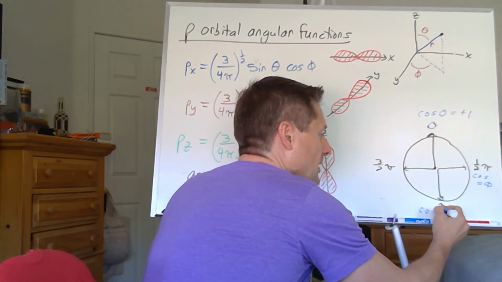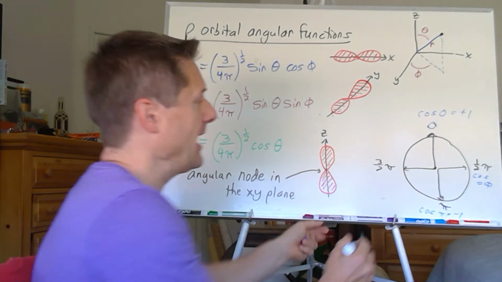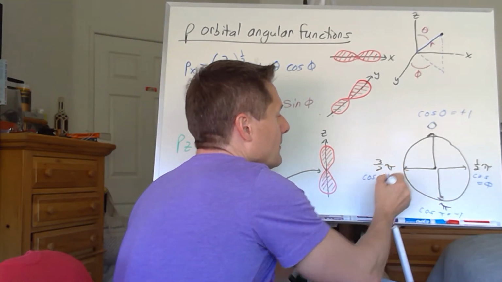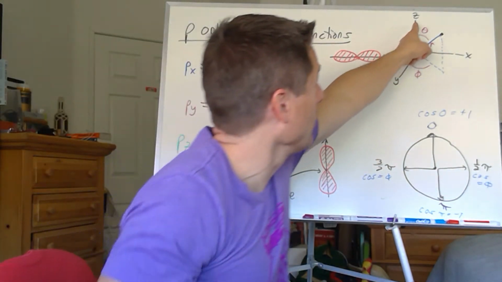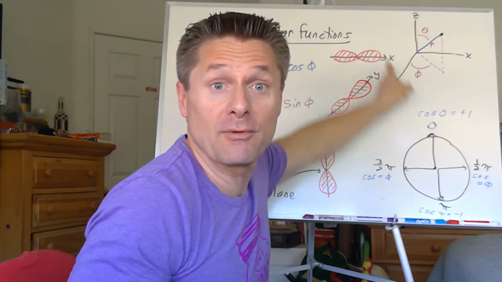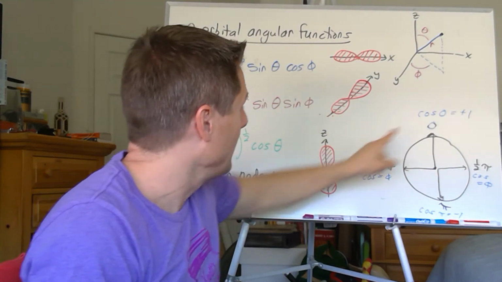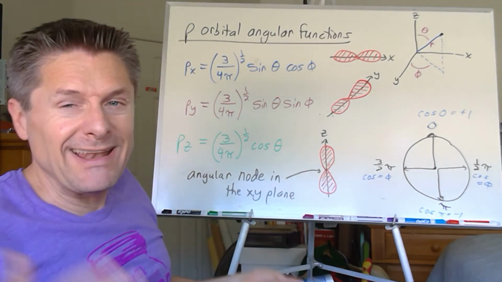Here, the cosine is -1, so it goes negative. And here again, the cosine is 0. So you can see in the xy plane, when you plot this along with theta going from 0 to 360 degrees, you end up with this, right? You get a +1 up here, and then it goes to 0, and then to a -1, and back to 0 again, right? Have fun with it.